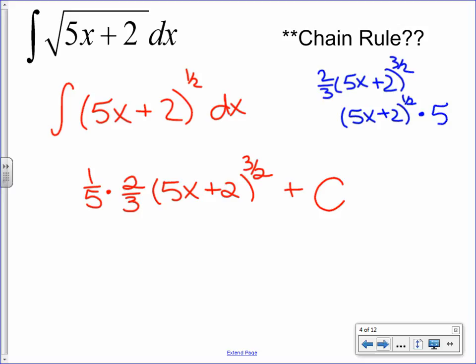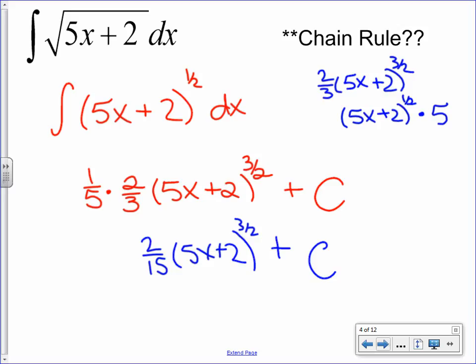So to account for that, we're going to multiply by 1/5 when we're going to the antiderivative, working backwards. So this becomes 2 over 15, 5x plus 2 to the 3/2 plus c.